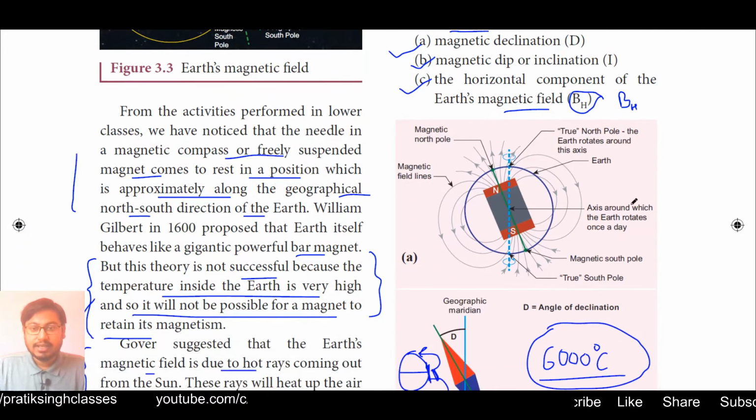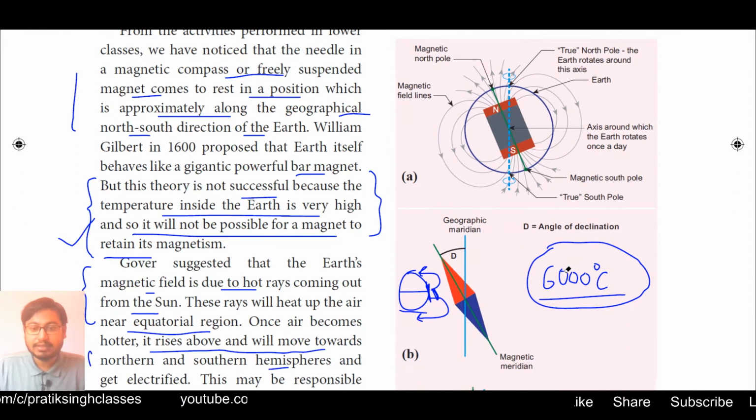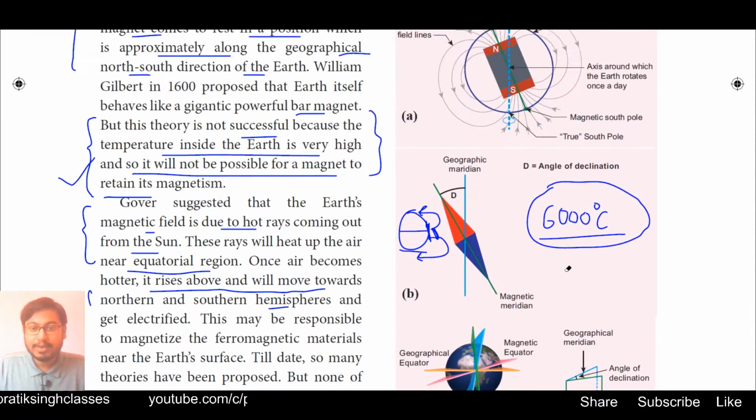So suppose our Earth behaves like a very big bar magnet, then instead of Earth we can replace it with a giant bar magnet as shown in figure 3.4a.